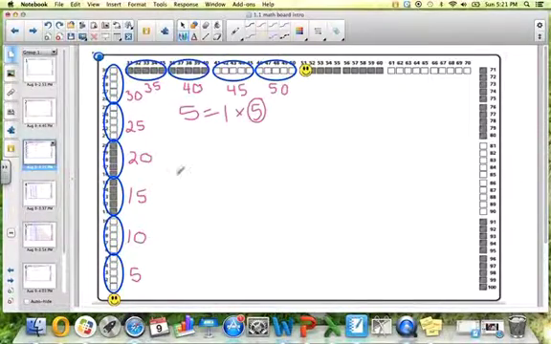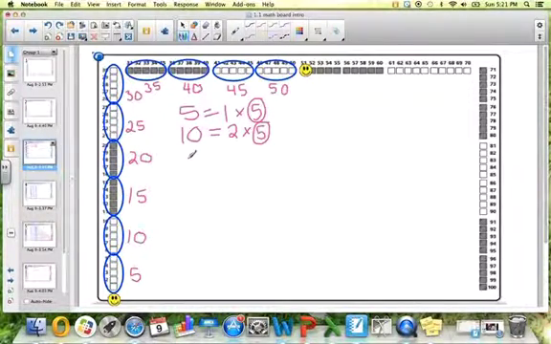So let's go to the next equation. So when I say 10 equals 2 groups of 5, I'm going to write 10 equals 2 times 5, because we have 2 groups of 5.